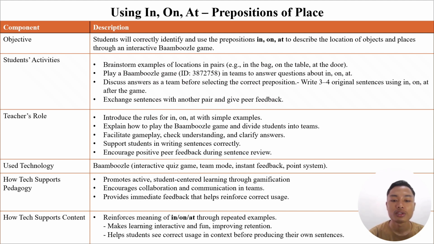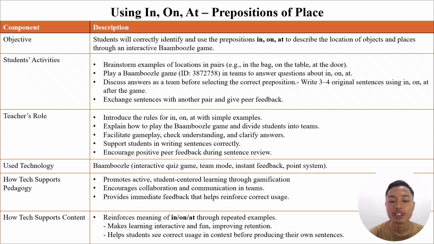The lesson integrates this language focus with an interactive activity, especially the Bumble Zoo game, to make learning more engaging. By the end of the session, students should not only understand the rules of these prepositions, but also be able to apply them confidently in spoken and written sentences.